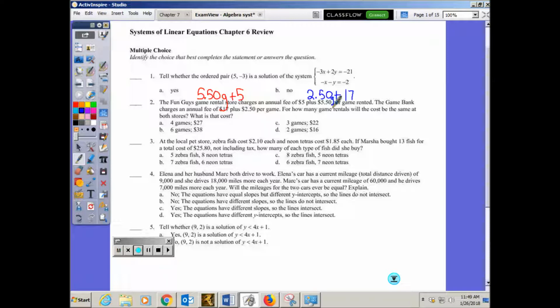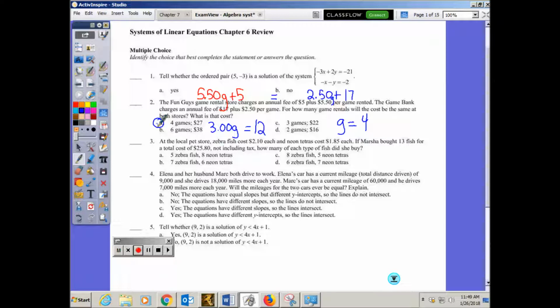So I'm going to say, well, when are these equal to each other? If I take 2.50 and subtract it from 5.50, I get $3, correct? And if I take 17 and I subtract 5, I get 12. And then when I divide both sides by 3, G is equal to what? 4. So it looks like 4 games.